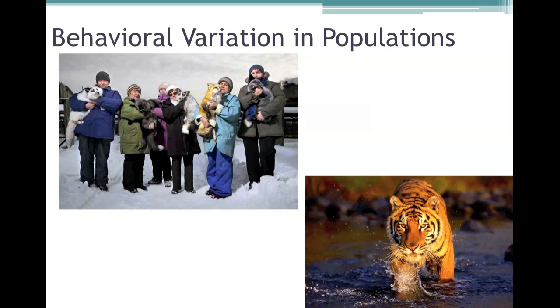An example could be increased aggressivity. And then that's where you have the famed man-eating tigers that move into towns and villages and eat people. So in both cases, we can see that there's behavioral variation that exists in populations before there's any sort of environmental pressure pushing them in one direction.